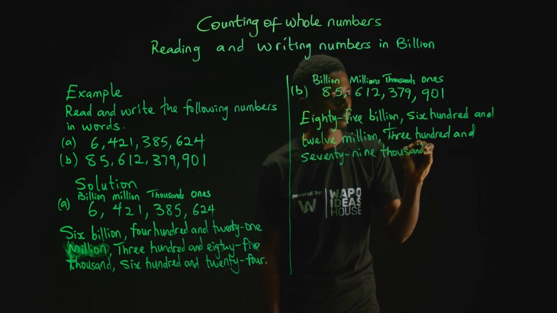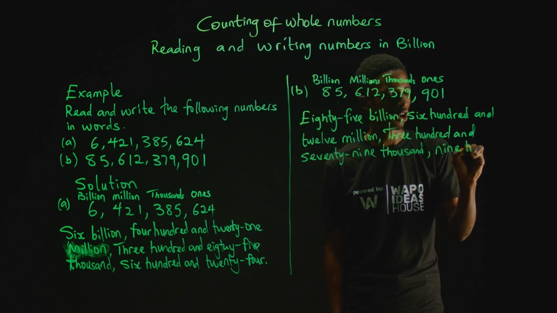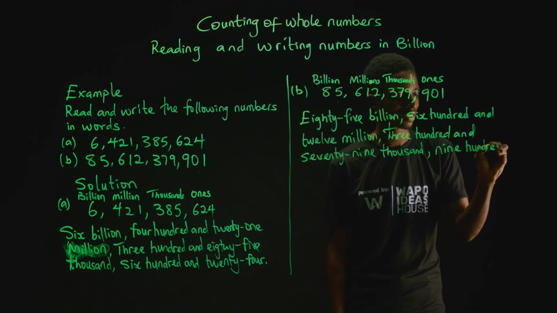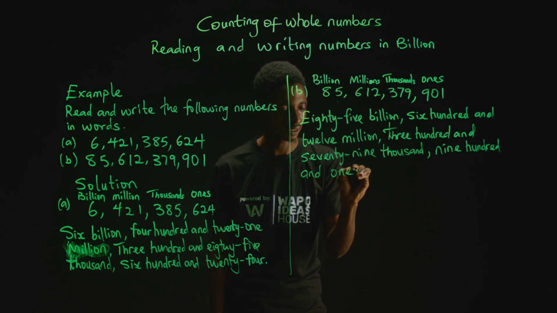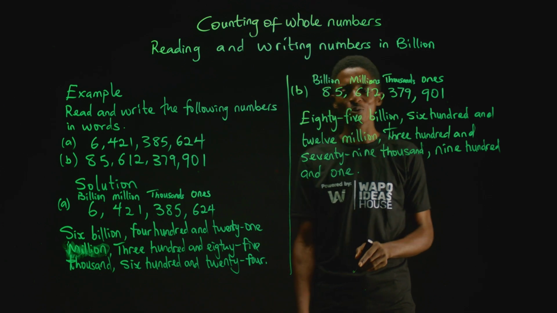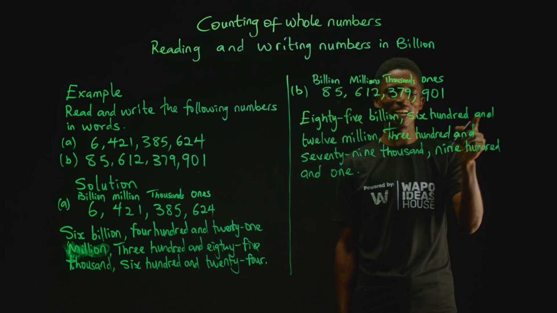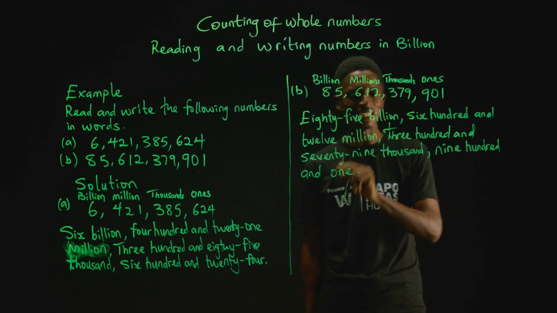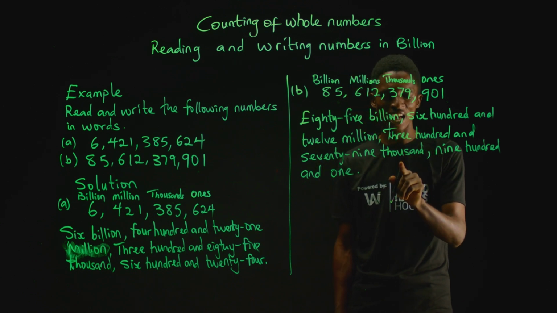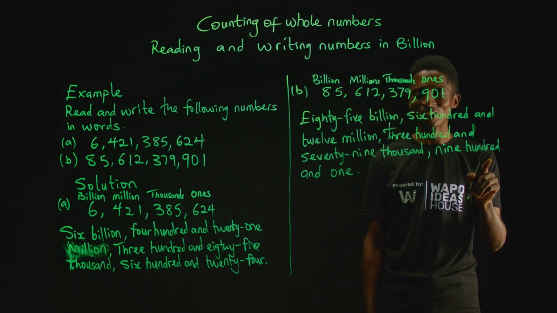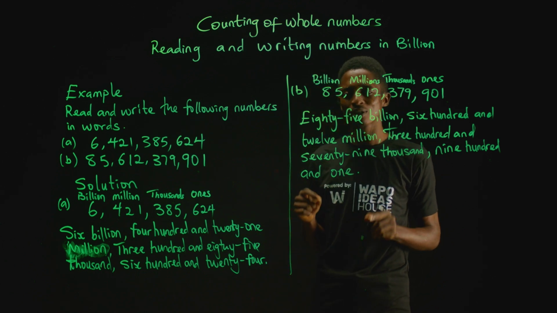Then 901, nine hundred and one. Good. So it is read as what? 85,612,379,901.